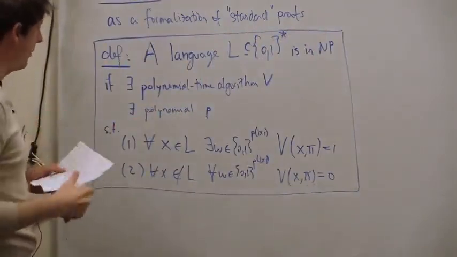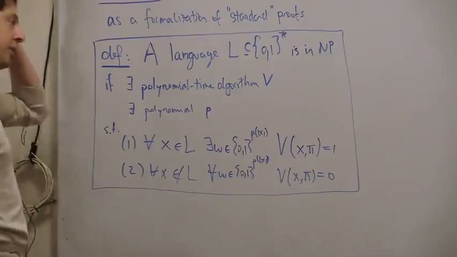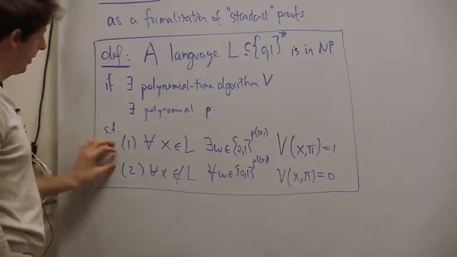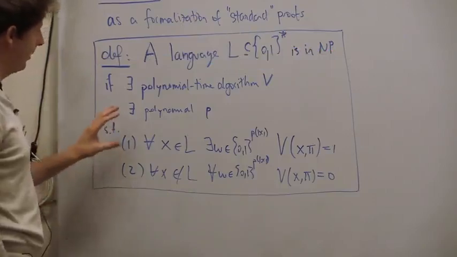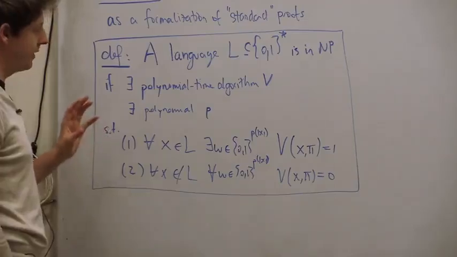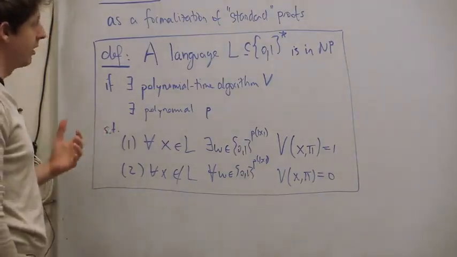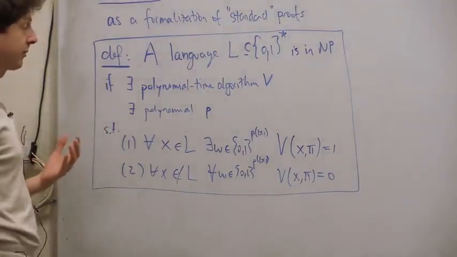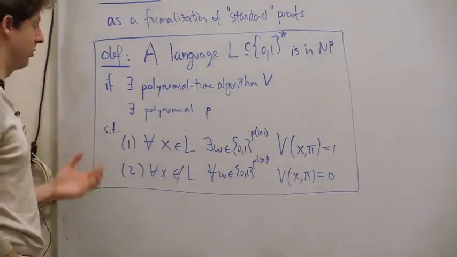So this is the canonical definition of NP. Now we can look at this definition, and notice that in a very precise sense, we can interpret the class NP as saying: let's consider all statements that have efficient proofs. What does it mean, efficient proof?